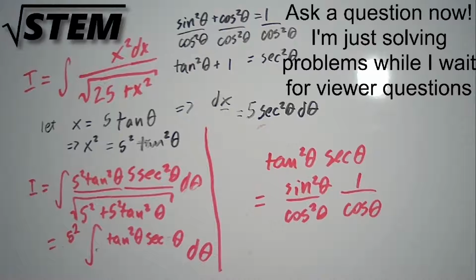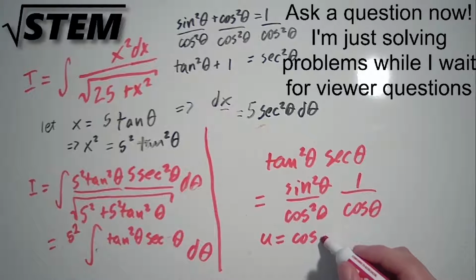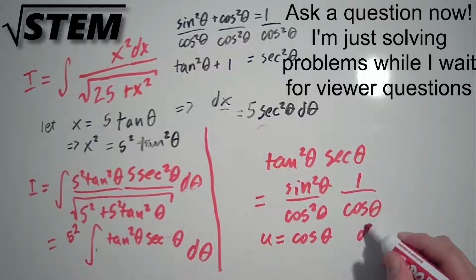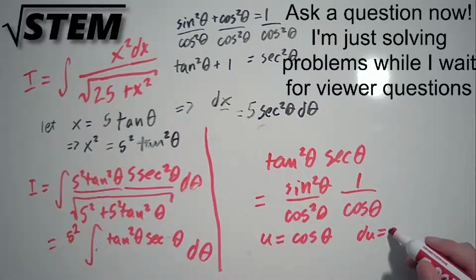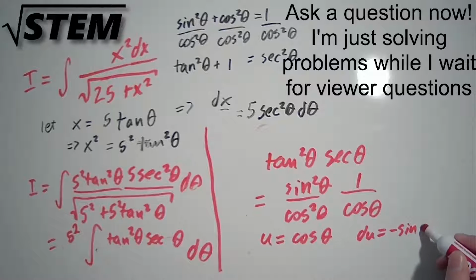Because if we did something like letting u equal cosine, then du would be negative sine, but not sine squared.